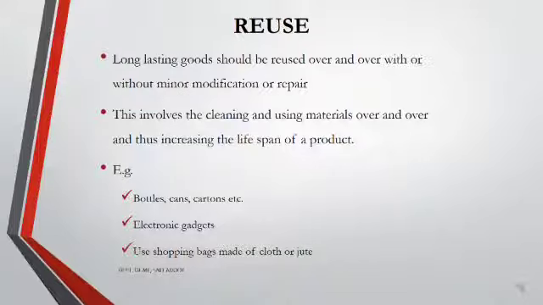Next is reuse. Long-lasting goods should be reused over and over with or without minor modification or repair. This involves cleaning and using materials over and over, thus increasing the lifespan of the product.